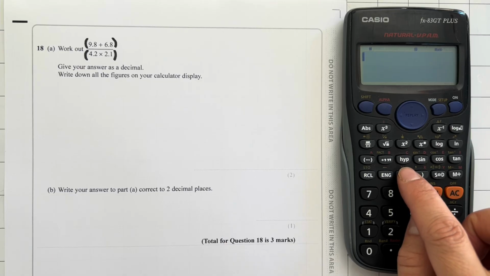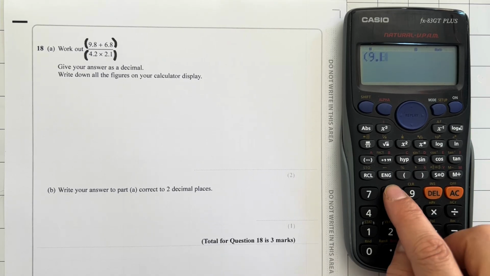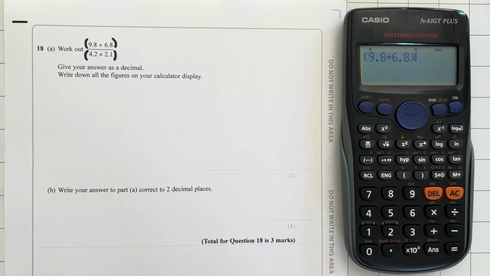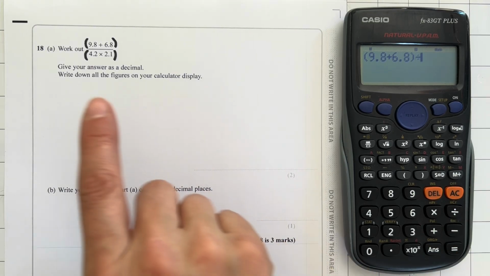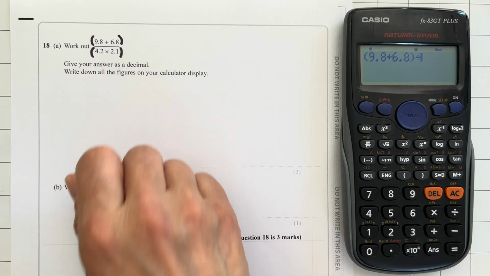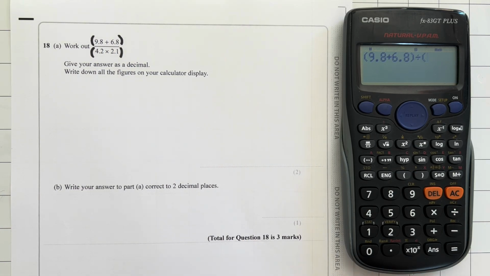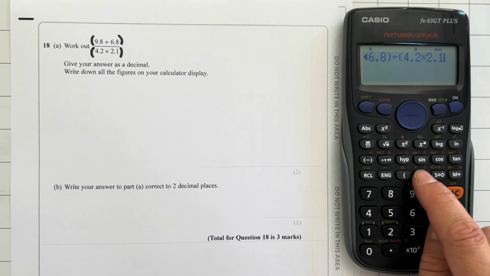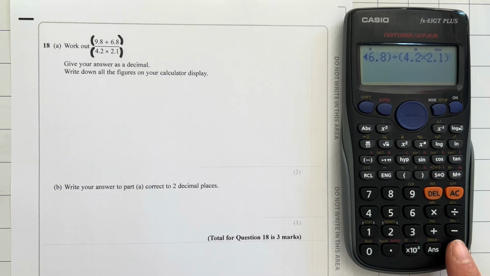So I'm going to do open brackets, 9.8, add 6.8, close brackets. I'm then going to do divide because the fraction line is the same as doing a divide. Open brackets, 4.2 times 2.1. Close brackets, and then equals.